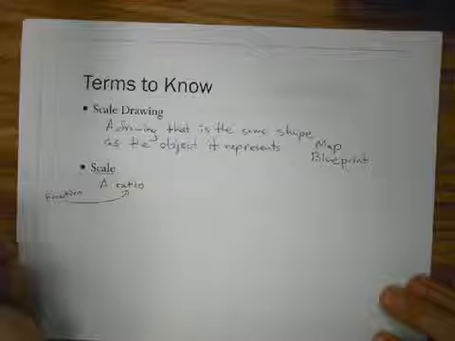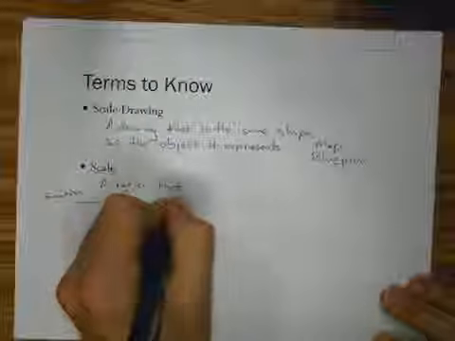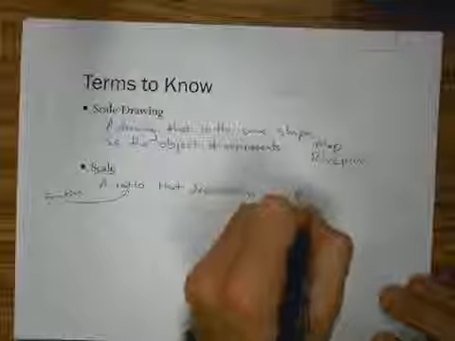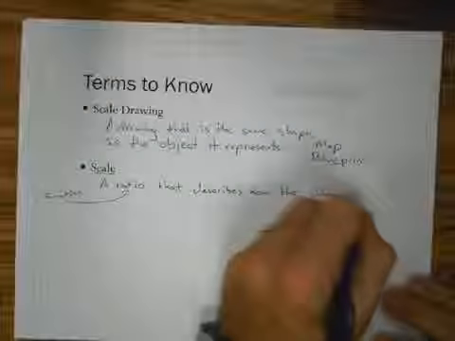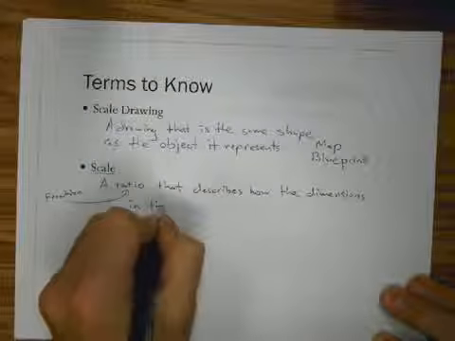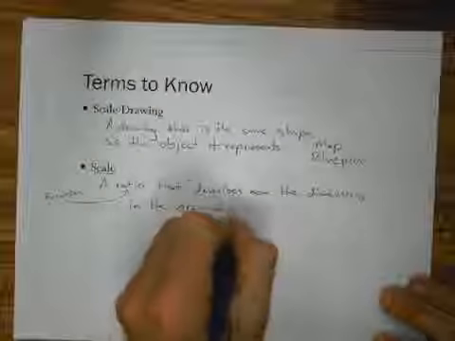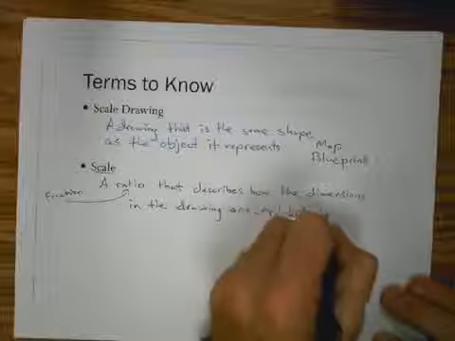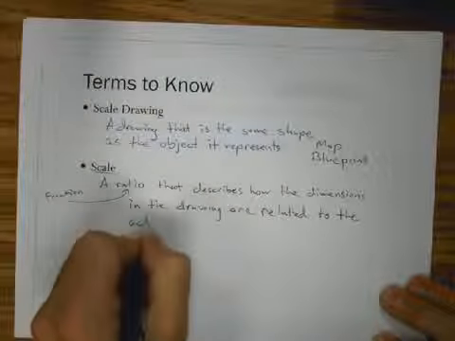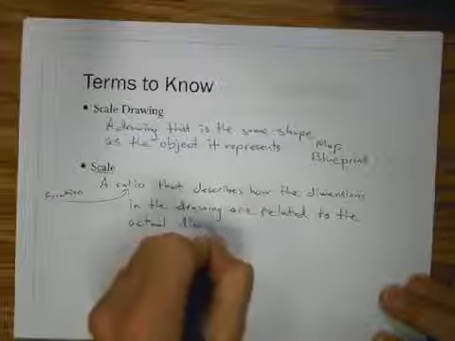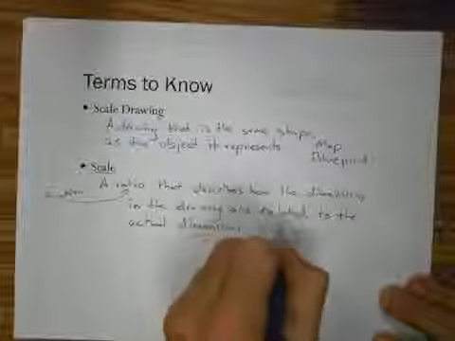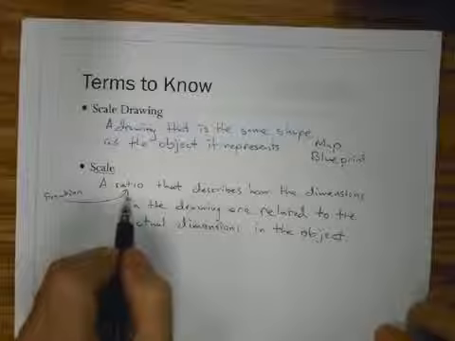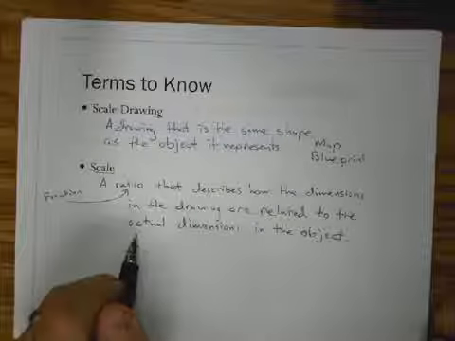Now, how we say how small it is to how big it is to the actual object is the scale. And that's going to be a ratio. And if we remember ratio, that just means it's a fraction. And that's a ratio that describes how the dimensions in the drawing are related to the actual dimensions in the object.